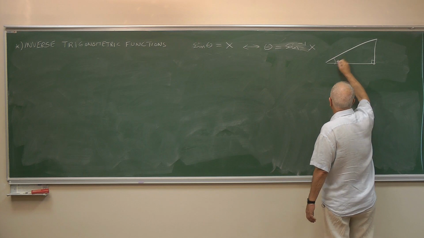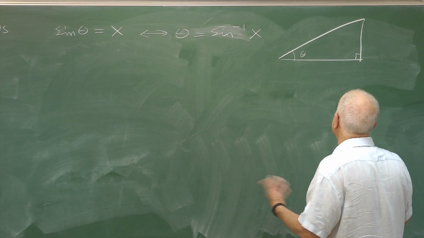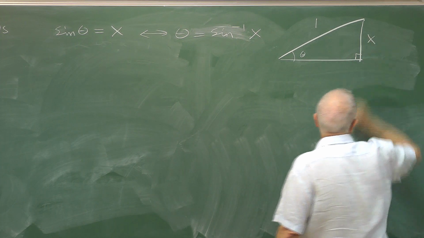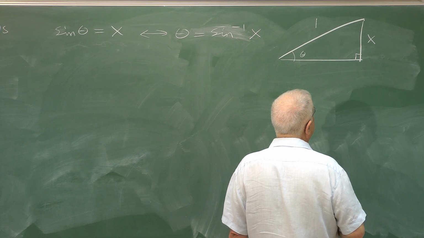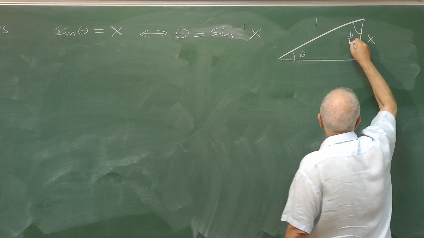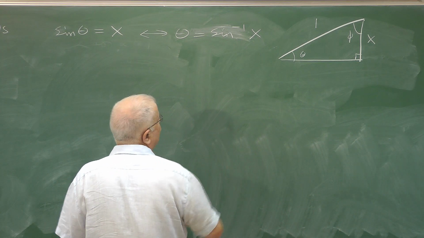Let me call this theta, and I want sine theta to be x. So why not call this 1, and why not call this x? Then how about this phi?